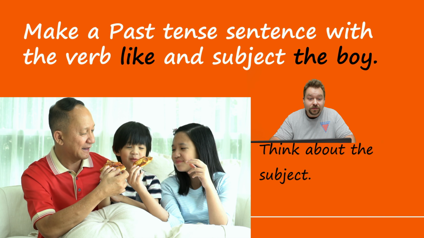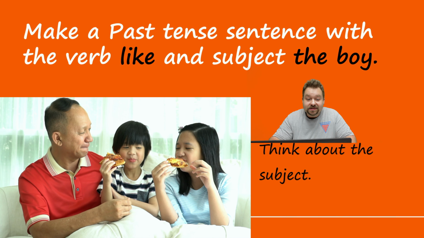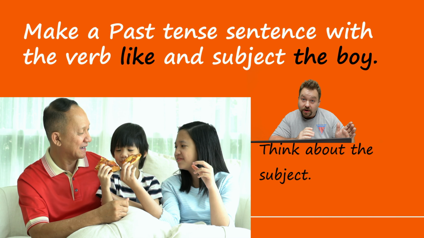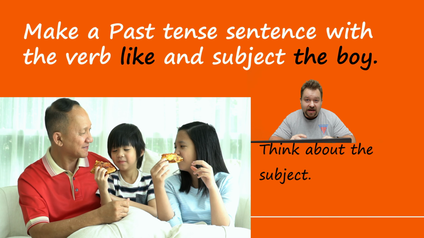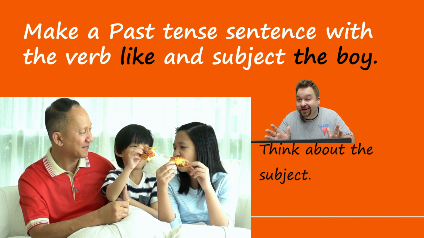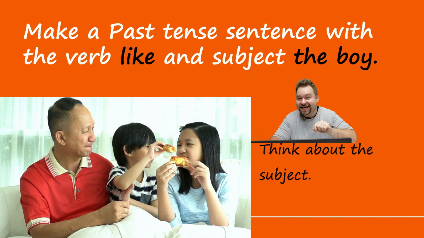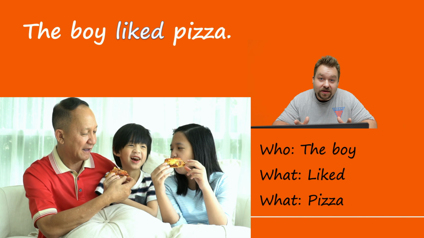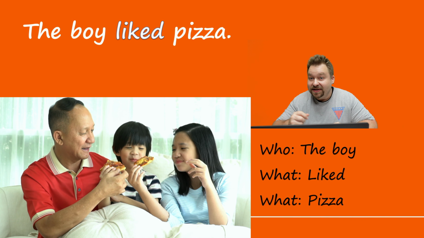Here's our first example. Make a past tense sentence with the verb like and the subject, the boy. So think about that. Remember what we just said a minute ago. The subject doesn't matter. So we have to make the verb a past tense. Let's take a look at the answer. The boy liked pizza.